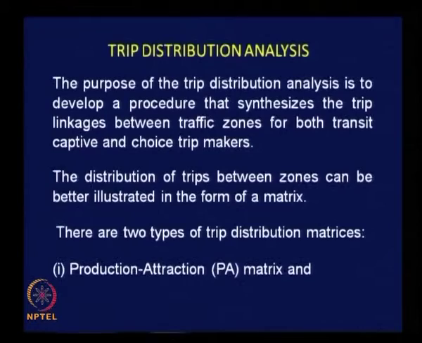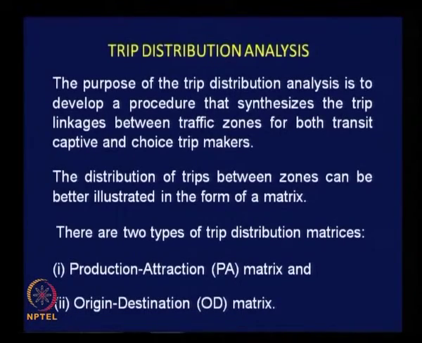This OD matrix can be prepared based on PA matrix, production attraction matrix. So we can say here there are 2 types of matrices. Number 1, production attraction or PA matrix. Number 2, origin destination or OD matrix.